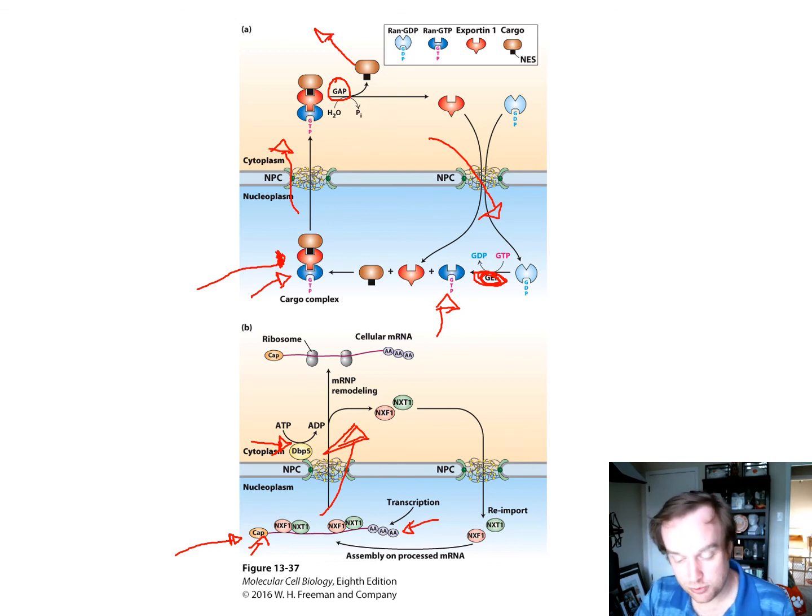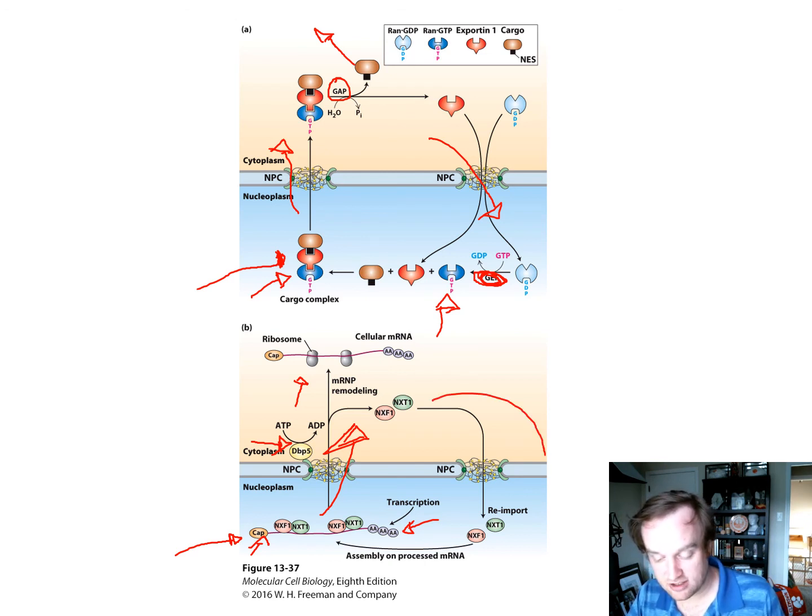And then it's free to be, you can see it's going up to be translated here into a protein. But NXT1 and NXF1 are then re-imported, just like all of our other mechanisms here, into the nucleus, or the nucleoplasm, through those nuclear pore complexes and interacting with those FG nucleoporins, and they're able to export more mRNA.